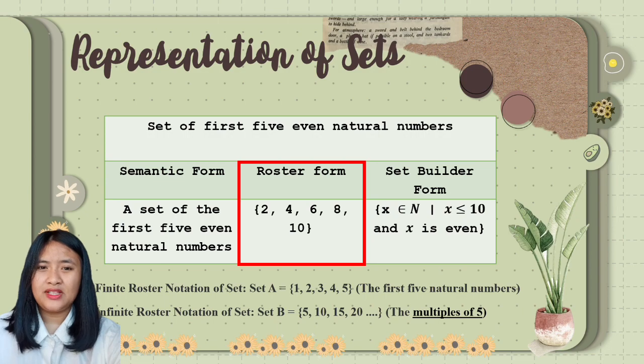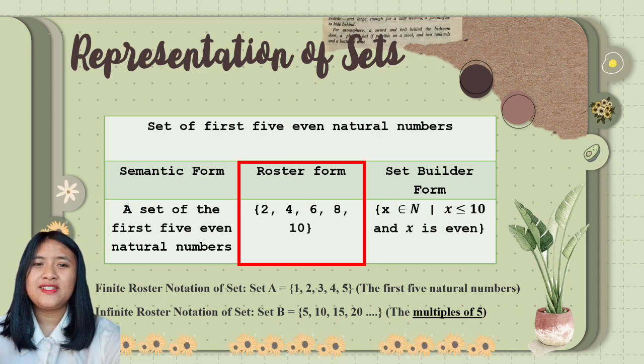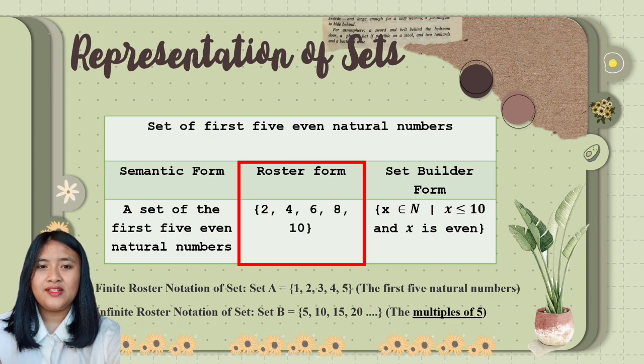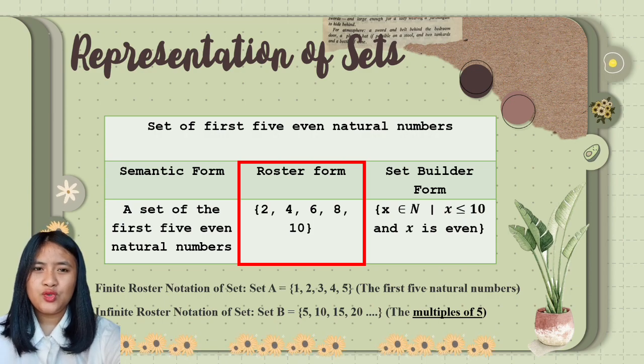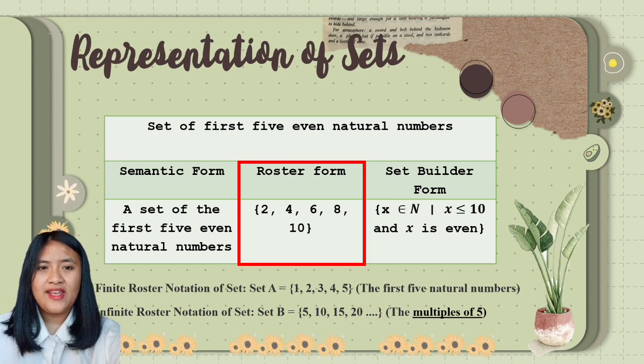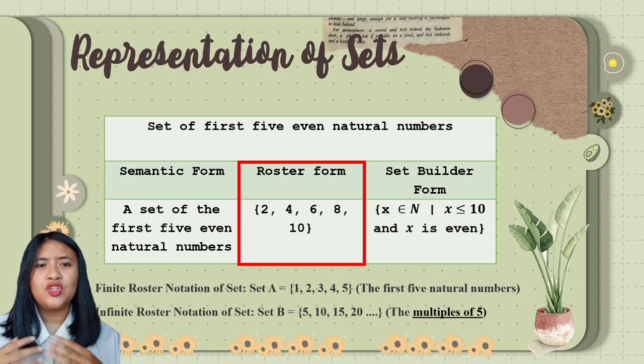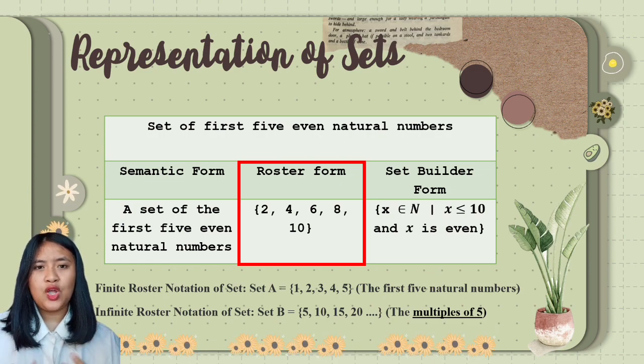For example, infinite sets are represented as X with elements 1, 2, 3, 4, 5, and so on, where X is the set of natural numbers. To sum up the notation of the roster form, please take a look at the example below.